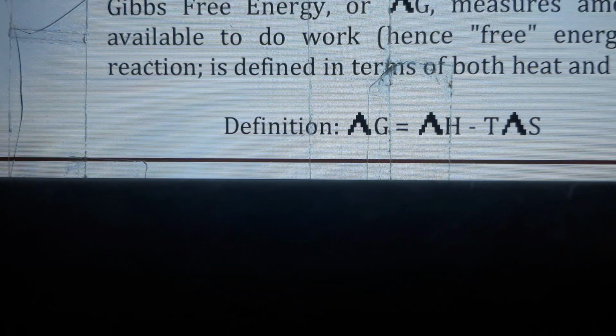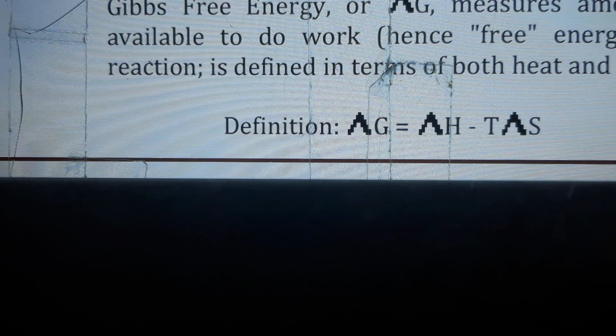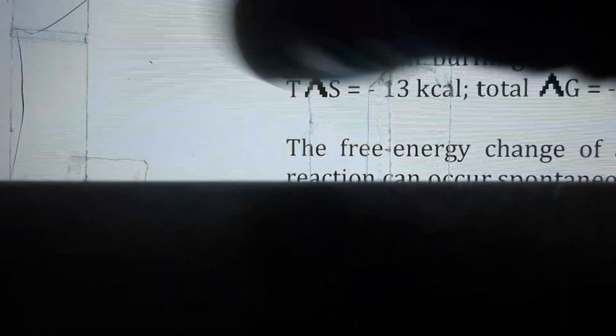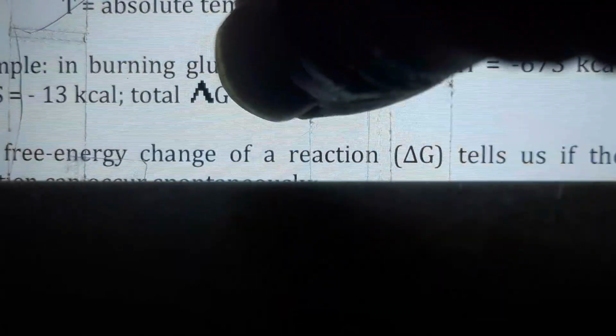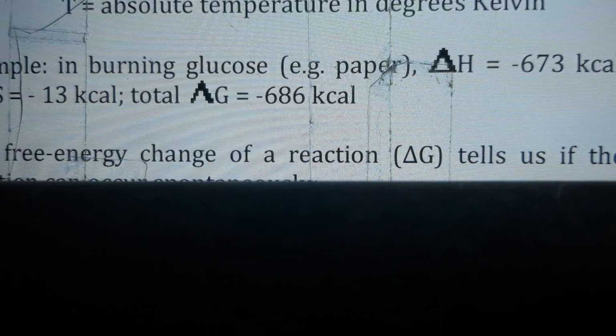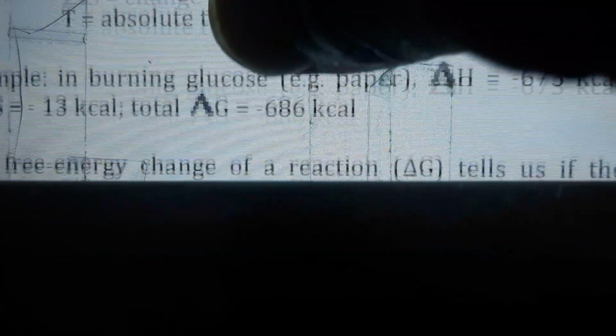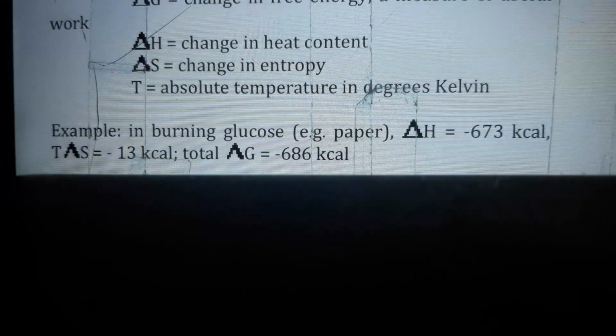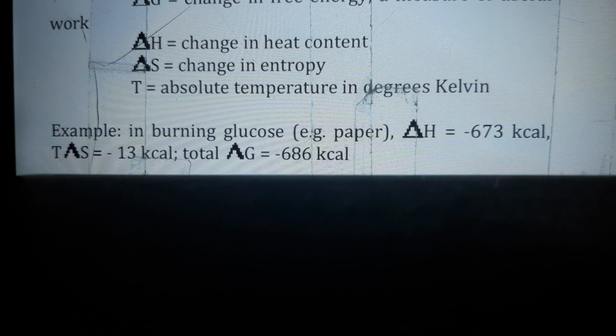Definition: delta G = delta H - T delta S, where delta G is the change in free energy, a measure of useful work, delta H is the change in heat content, delta S is the change in entropy, and T is the absolute temperature in degrees Kelvin.